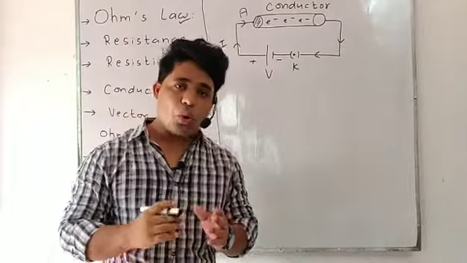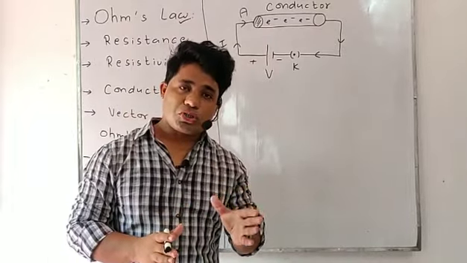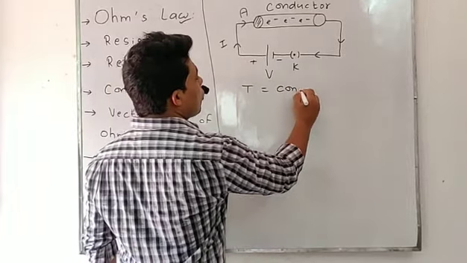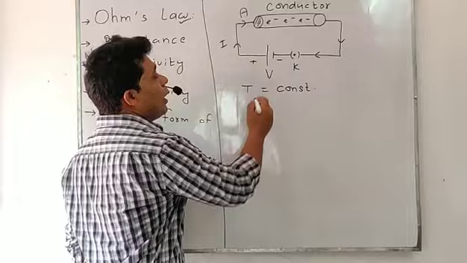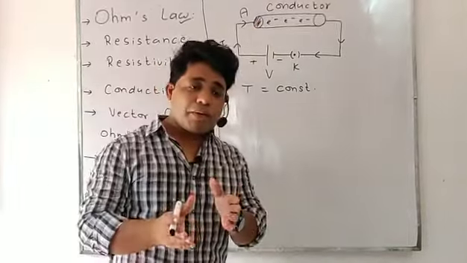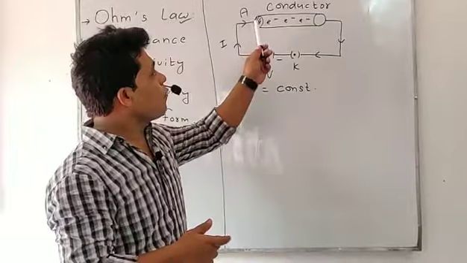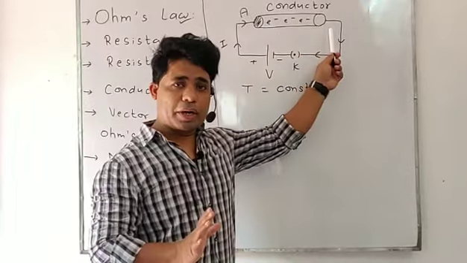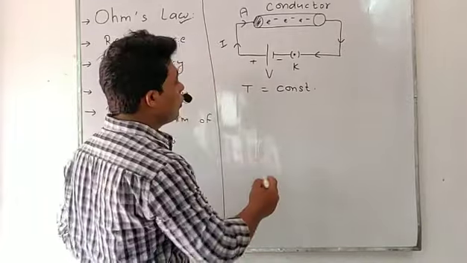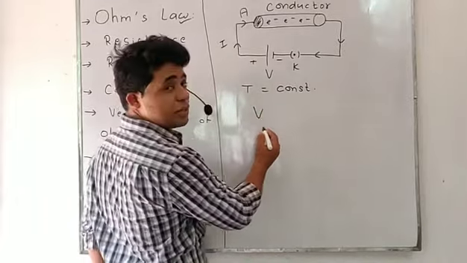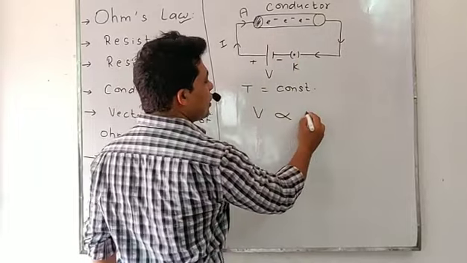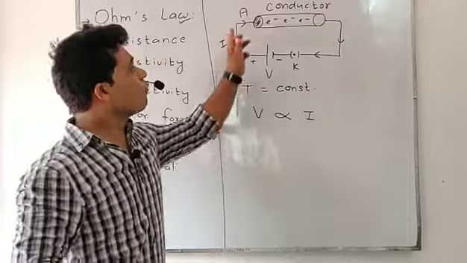So Ohm's law states that at constant temperature and constant area of cross section, actually that is a constant physical condition, that area of cross section should be equal throughout the conductor, temperature should be constant. In this condition, the potential difference at the ends of the conductor is directly proportional to the amount of flowing current.